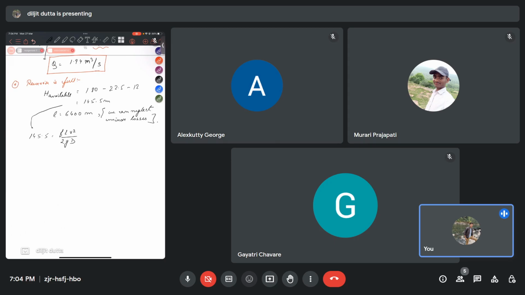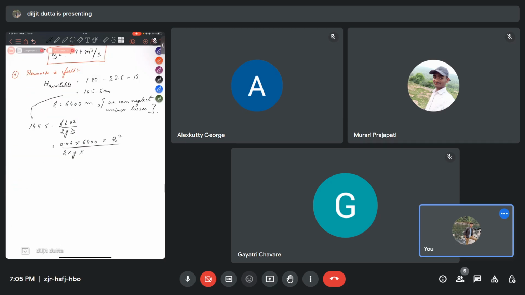V, you can substitute as Q by A, so V square is Q square by A square. 0.04, L is 6400, into Q square by 2 into g into the diameter of the pipe we have to find out, into pi by 4 into d square, whole square. Since it is area square, Q square by A square will be coming, so pi by 4 whole square into d square. So it will bring d to this side, d to the power 5 will come, 0.04 into 6400.